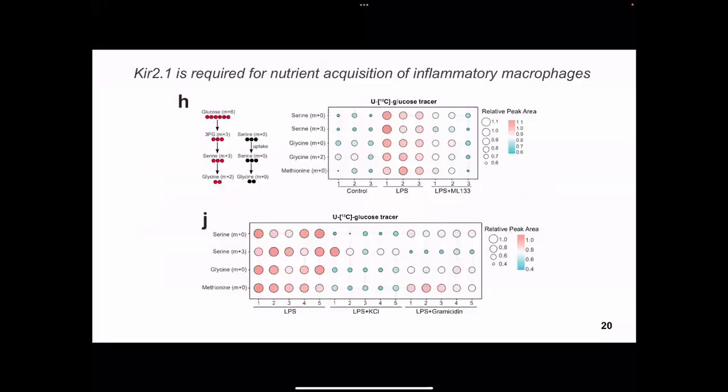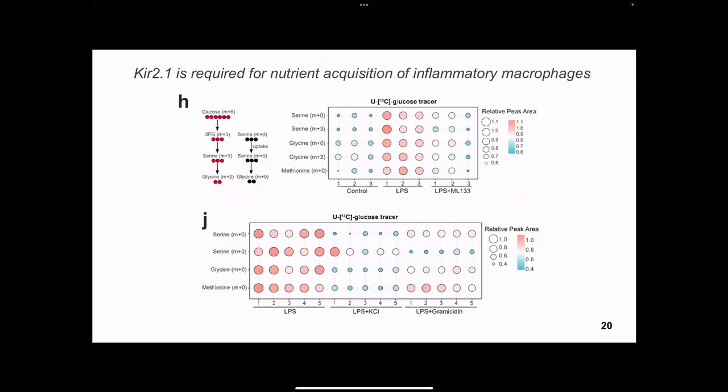By assessing the carbon-13-labeled serine and the glycine derived from the carbon-13 glucose tracer, we found that SSP fueled by glucose uptake was impaired upon membrane potential depolarization by KIR2.1 repression, and also by elevated extracellular potassium or gramicidin.